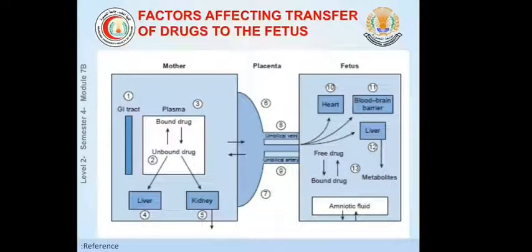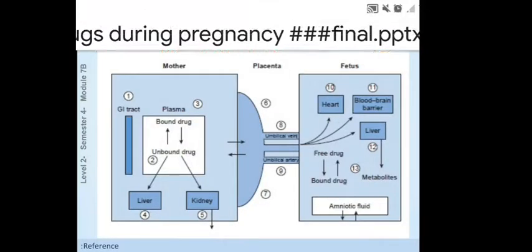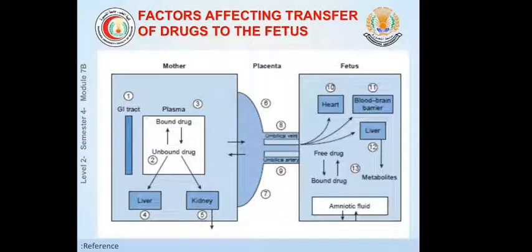Again, alterations in the pharmacokinetics of drugs are influenced by mainly two factors. Number 1 is maternal physiological changes that occur during pregnancy. Number 2, the effects of the placental-fetal compartments.